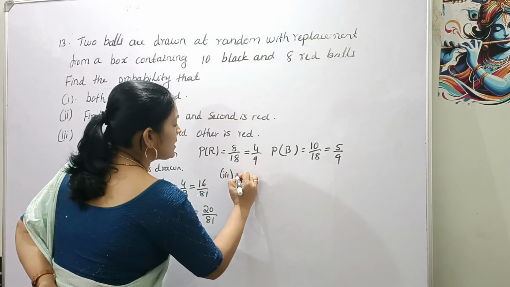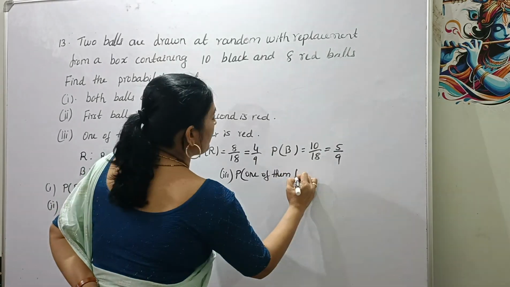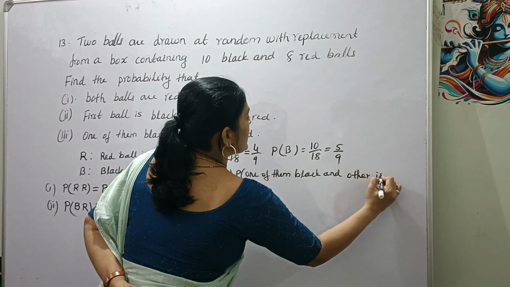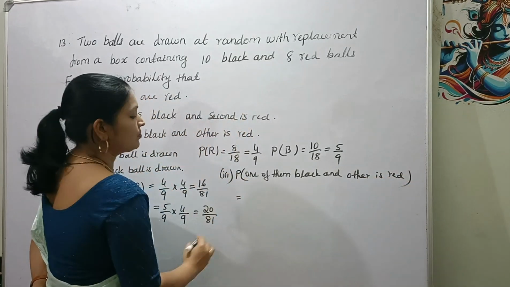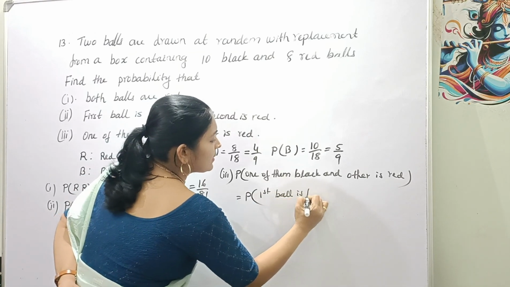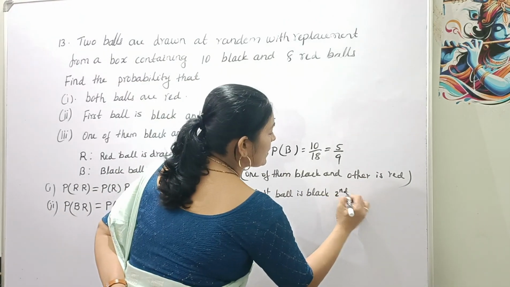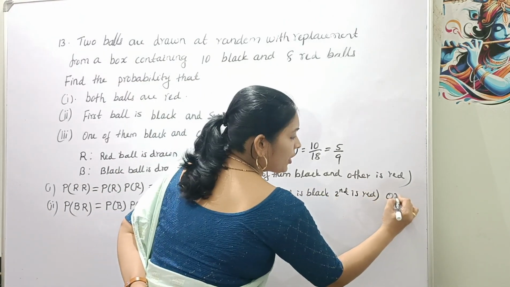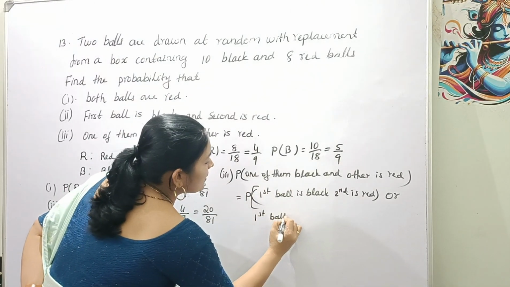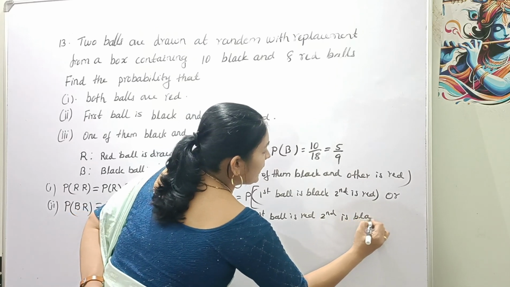So, probability of one of them black and the other red is equal to probability of first ball black and second red, or first ball red and second black.